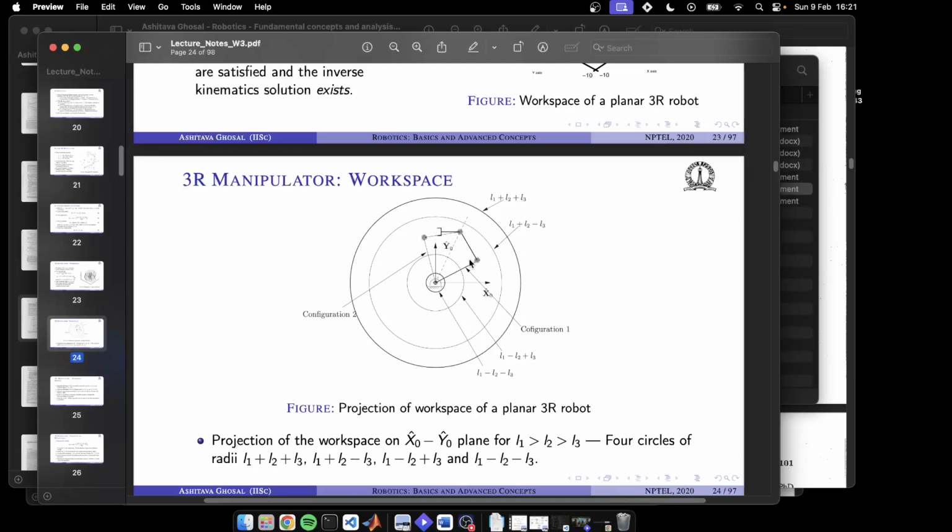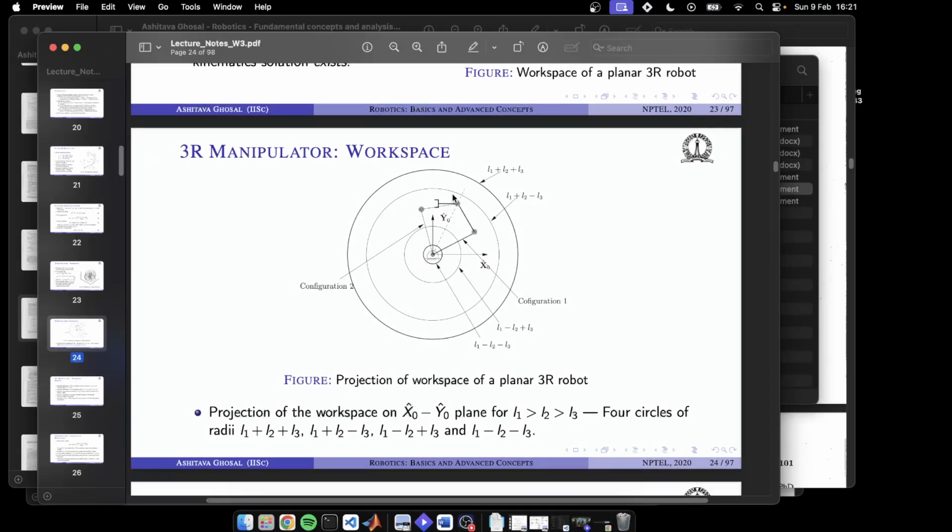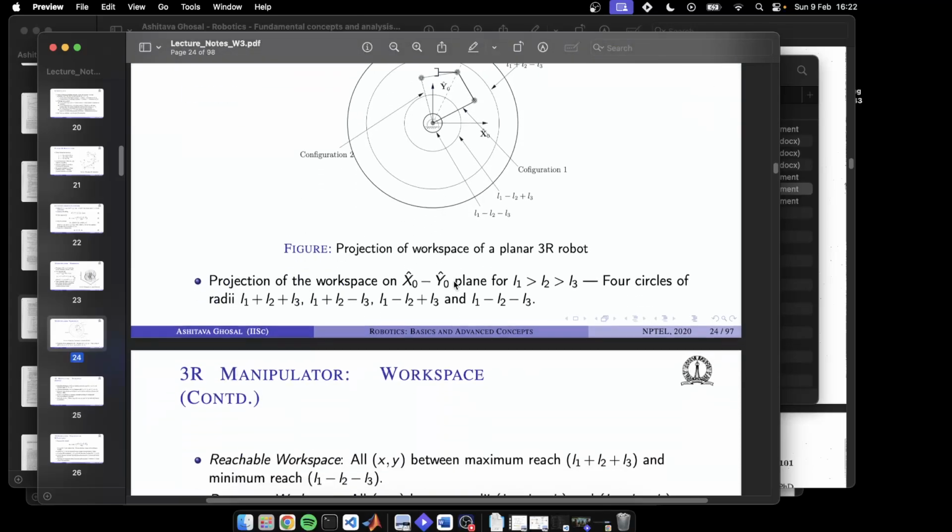What is possible in the dexterous workspace is that we can achieve the same position and orientation of the end effector in more than one configuration, right? As you can see, for the same position and orientation of the end effector, this is one possible configuration and this is another. The points where this is possible lie in this region, and this is called the dexterous part of the workspace.